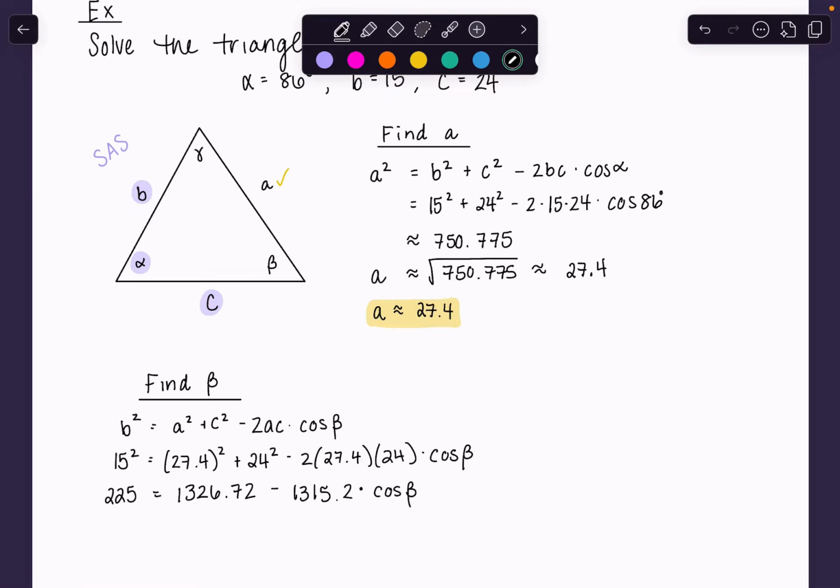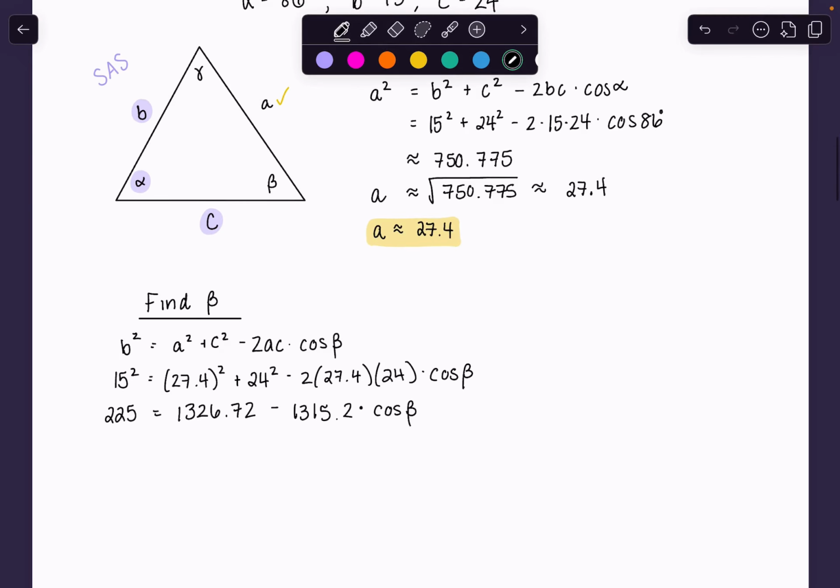From here, we then need to go ahead and solve for cosine of beta. So I'm going to start by moving this to the other side just by subtraction. And at that point, again, we need to use a calculator for this. So that would give us negative 1,101.72 is equal to negative 1,315.2 times cosine of beta.